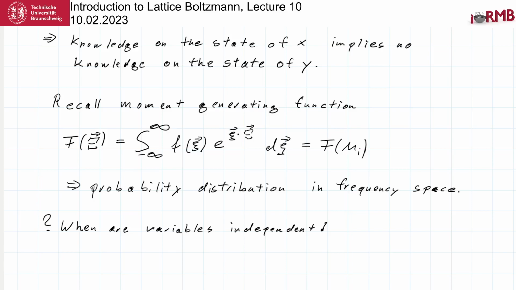So we can mathematically express independence by saying that this joint probability function, which is a probability of all the moments, must be a factorization. It must be possible to write it as a factorization of single distribution functions for each variable itself. Then they are independent of each other. This means we have a factorization of distributions.